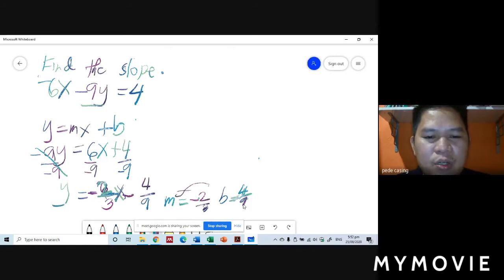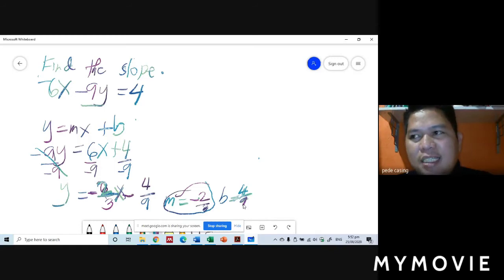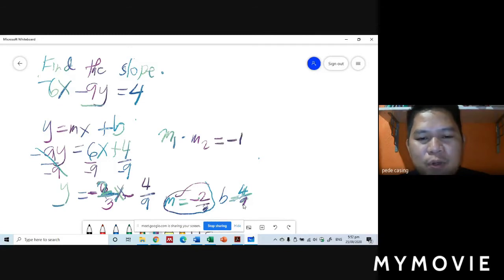This is our slope. So meaning, if the other line, we will look for the reciprocal, to find the equation that is perpendicular, the slope should satisfy m1 times m2 is equal to negative 1. So therefore, if m1 is negative 2/3, we multiply it by the reciprocal.